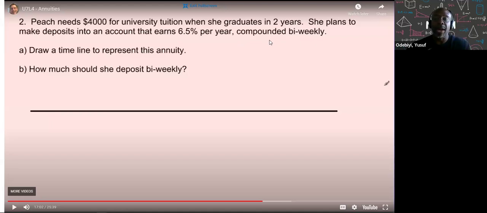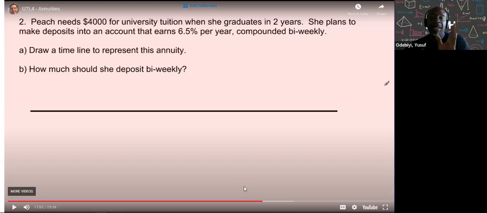We don't know the regular payments, but we know the interest, I. Since it's compounded bi-weekly, there are 26 bi-weeklies in the year, because we have 52 weeks and you divide 52 by 2. So our interest is going to be divided by 26. It's a little bit different.